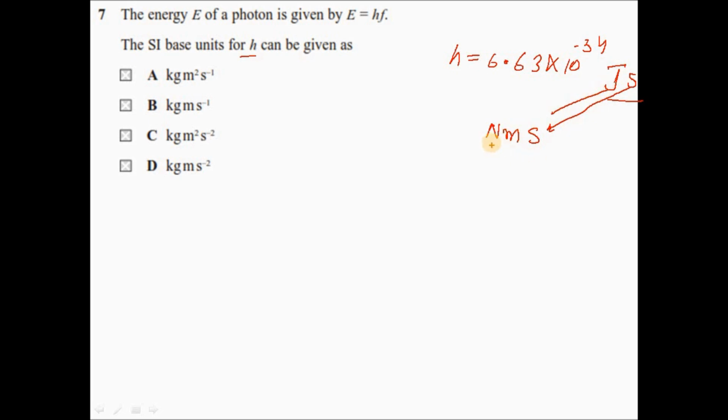Newton is F equals ma, that means kg meter second^-2, and this meter is there and this is second. If you simplify all these variables, kg meter squared, second^-2, and second^-1. So your option is A.